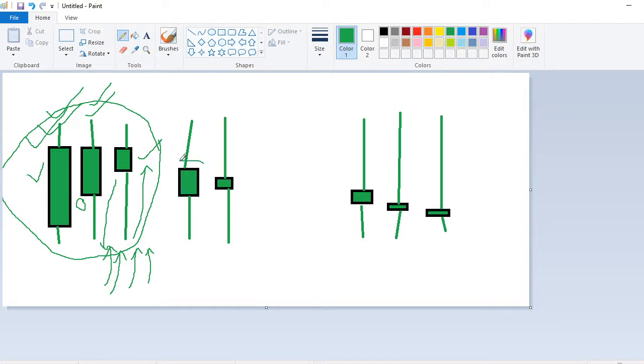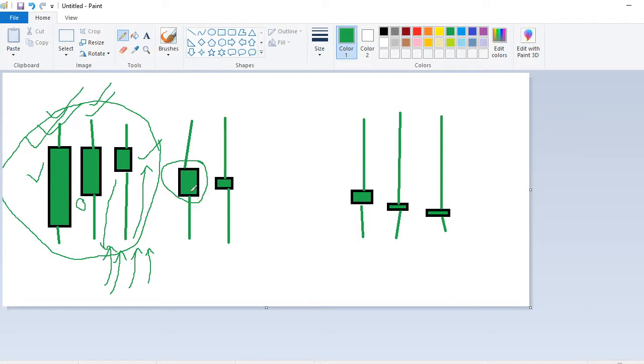That means nobody is dominating in this session. The body is exactly in the middle of the candle. That means there is a confusion mode. Buyers are not aggressive, they are just trying to push it up. Sellers are not aggressive, they are just trying to push it down. So nobody is dominating.